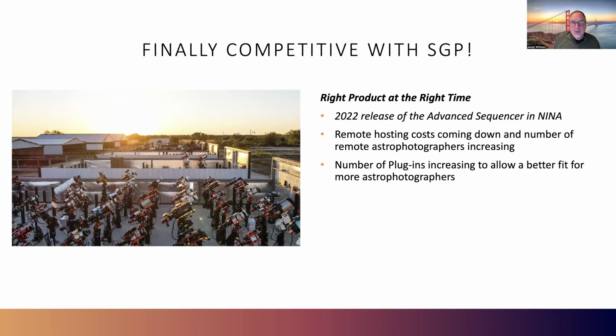You had hosting costs coming down dramatically, and people beginning to ship off telescopes to this growing telescope farm system for getting decent skies. The number of plugins started increasing so that Nina was appropriate for a wider group of astrophotographers, and it quickly came to dominate the amateur market.